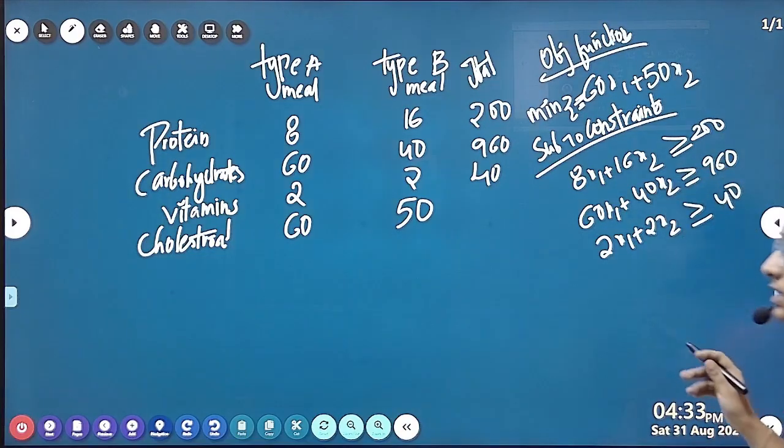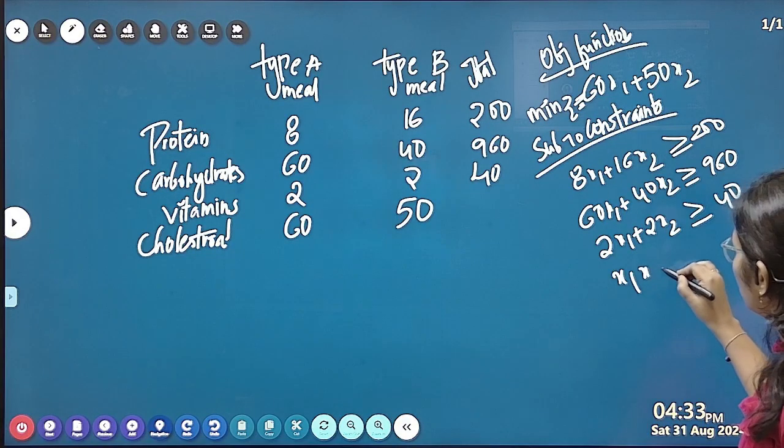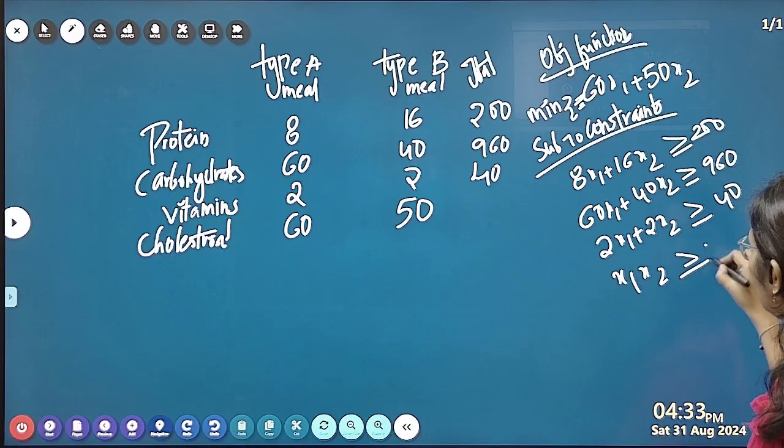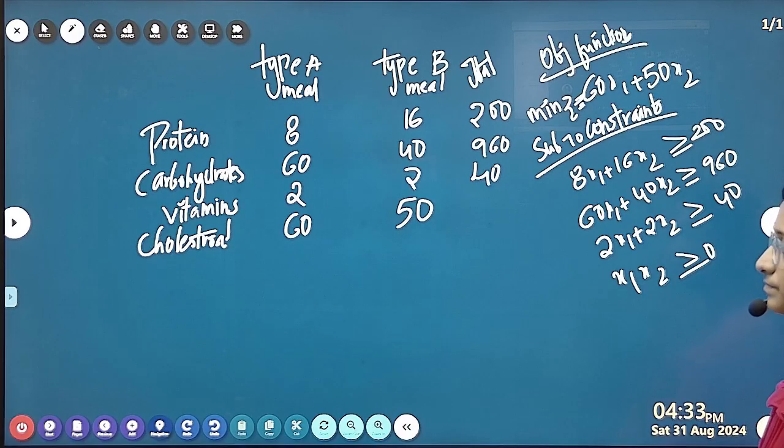Actually this is a question of graphical method, not simplex. Previously we did a simplex method question, this is now graphical method. So x1, x2 should be more than or equal to 0. Finished.